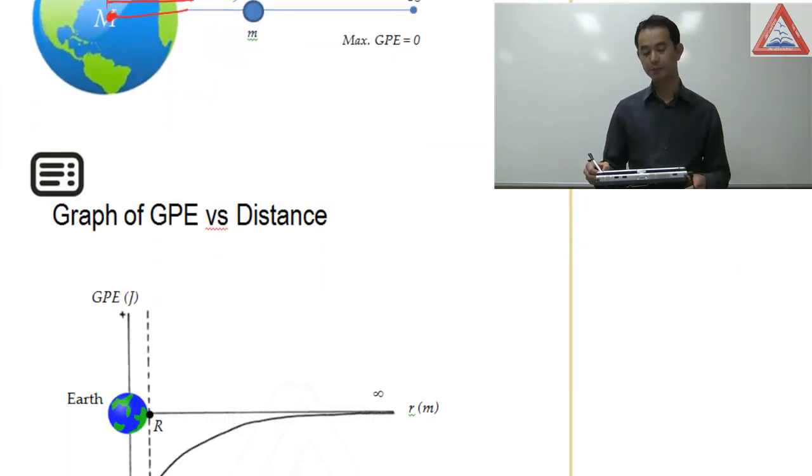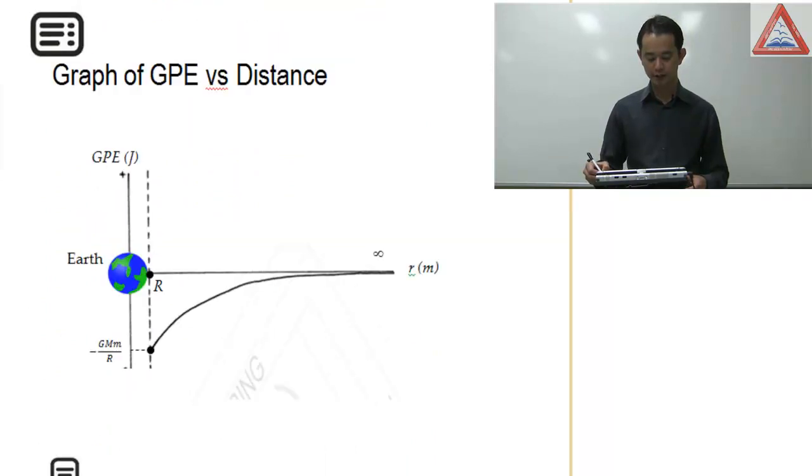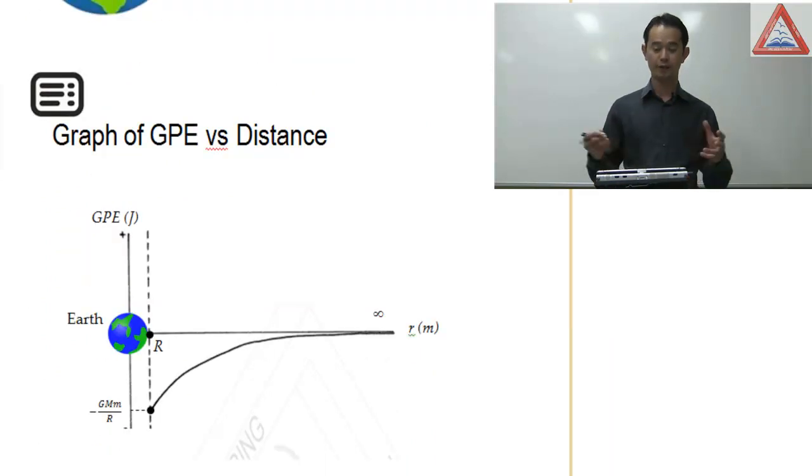Now, to get a clearer picture, we shall then look at the graph of GPE versus distance. The best way to look at it is to put the Earth down here, our vertical axis. Let's assume the Earth is the origin point.